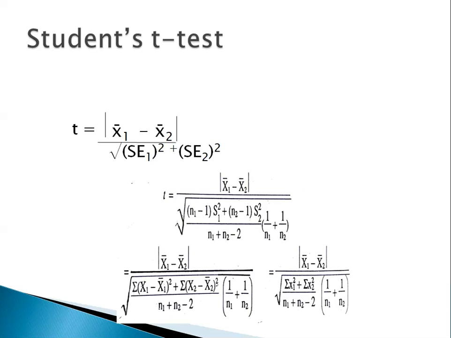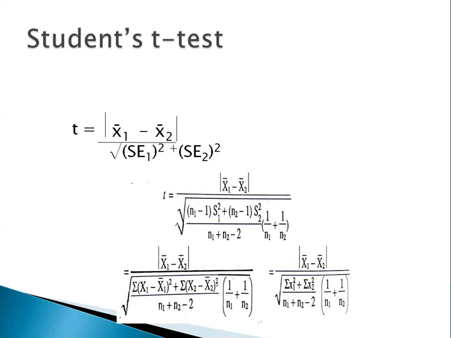Now the student t-test. It can be calculated using the formula: t is equal to mod of x1 bar minus x2 bar divided by the square root of standard error 1 square plus standard error 2 square, or t is equal to mod of x1 bar minus x2 bar divided by the square root of [(n1 minus 1) s1 square plus (n2 minus 1) s2 square divided by n1 plus n2 minus 2] into (1 divided by n1 plus 1 divided by n2).